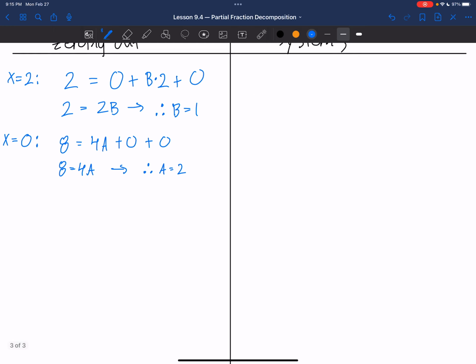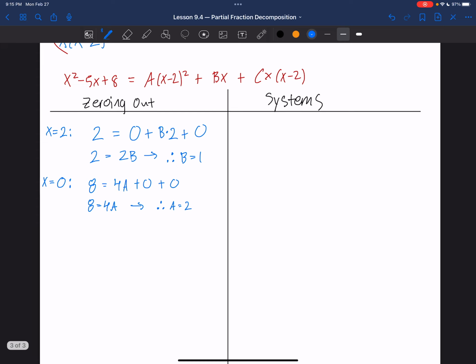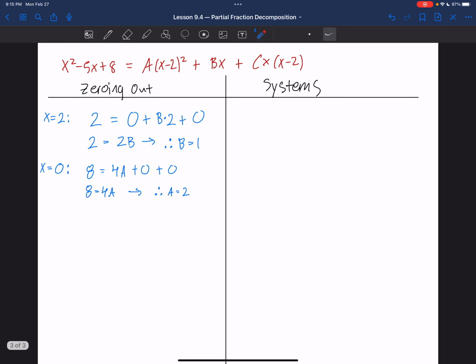Now you might find yourself in a predicament. You were able to cancel out this factor and this factor to find b, and you're able to cancel out this factor and this factor to find a. But if you wanted to find c, how could you cancel out both b and a?